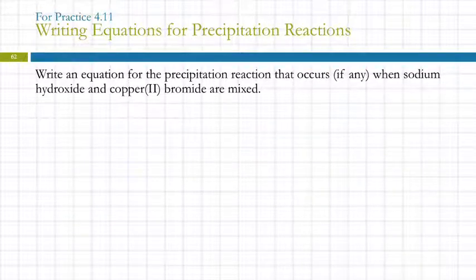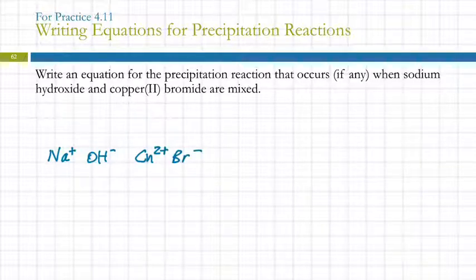So I'm going to do the same thing here when we're mixing sodium hydroxide and copper 2 bromide. Okay, so sodium hydroxide, we need a sodium ion, we need hydroxide ion. Copper 2 bromide, copper 2 is Cu2+, and bromide is Br-.